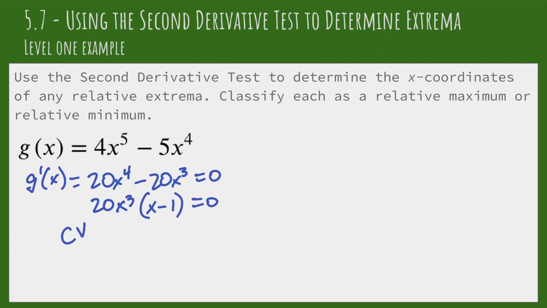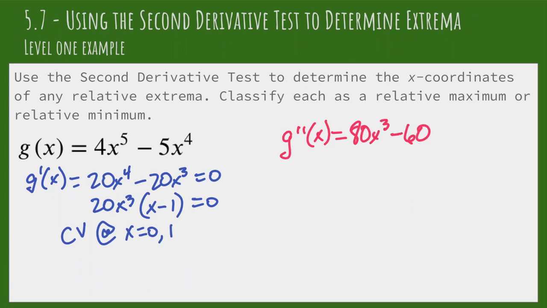So we get critical values where the derivative equals 0 at x equals 0 and x equals 1. Now we want to evaluate the second derivative at those points. So we'll take the second derivative first. So that's going to be 80x cubed minus 60x squared.